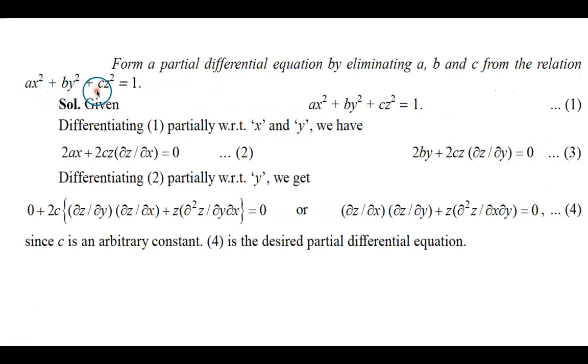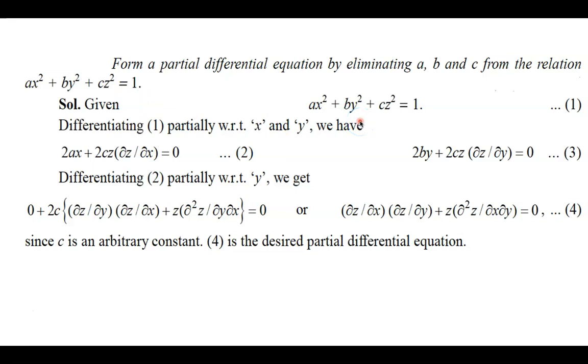Let us consider the relation ax square plus by square plus cz square equal to 1. Here a, b and c are arbitrary constants. We need to eliminate these constants to obtain the partial differential equation.